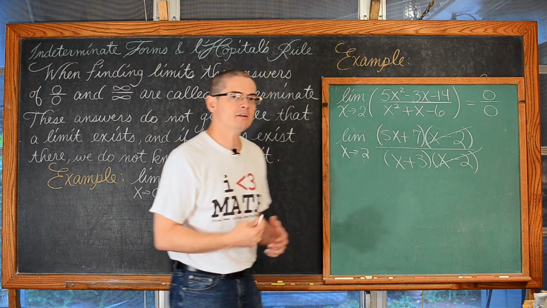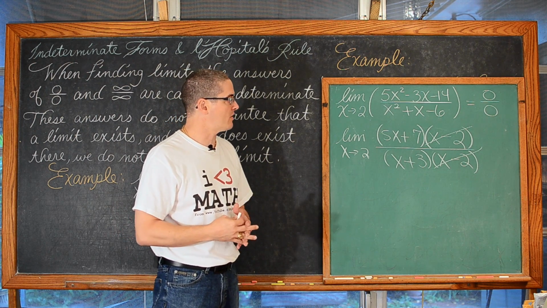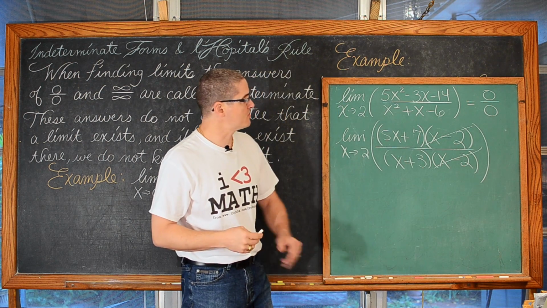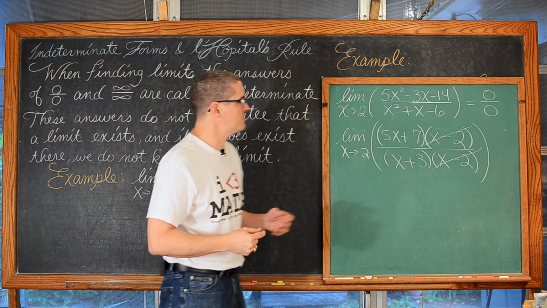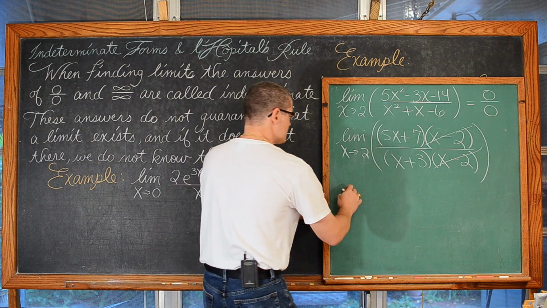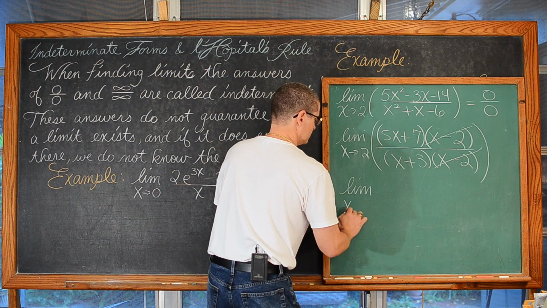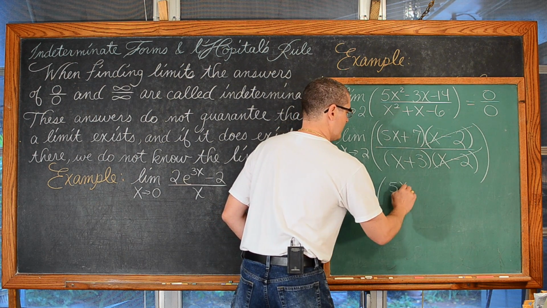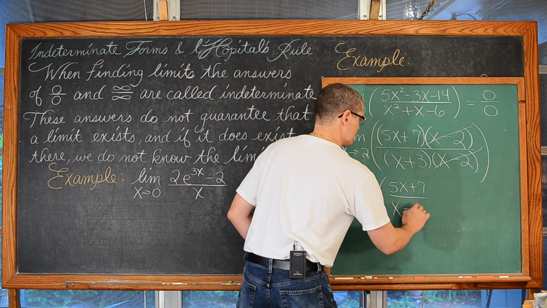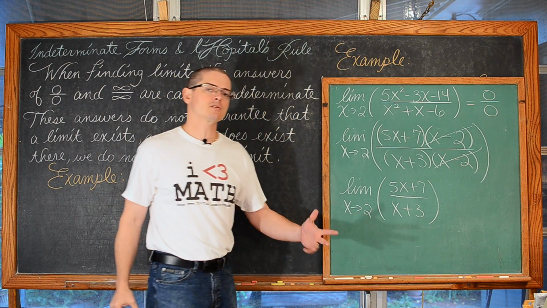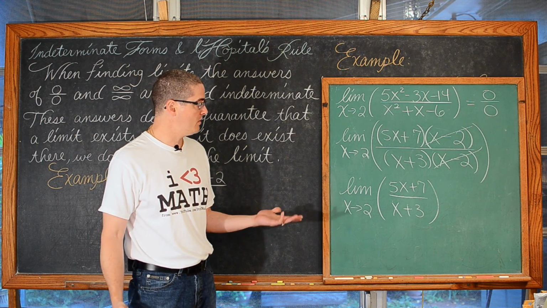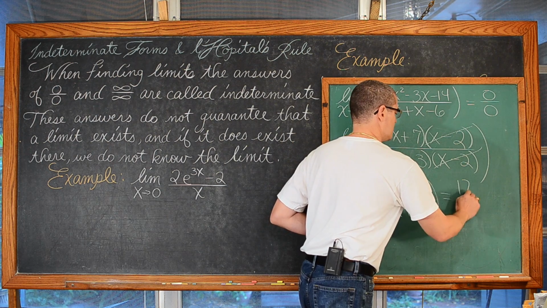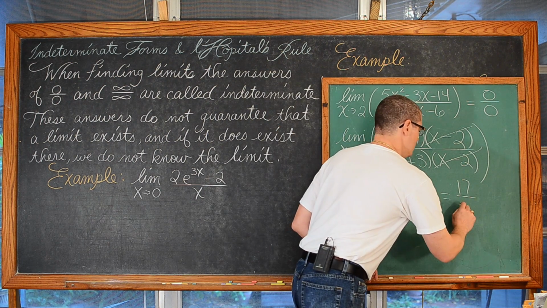Well, that common factor of x minus 2 is going to factor out of our function. And in case you forgot, if we were to graph this, that means that this function would have a hole at the x value of 2. But what we do end up with as far as finding limits is we want to find the limit as x approaches 2 of 5x plus 7 over x plus 3. Well, now I have an expression that I can plug 2 into, and we get 5 times 2 is 10, plus 7 is 17, over 2 plus 3 is 5.